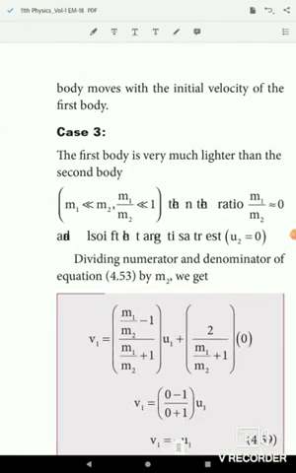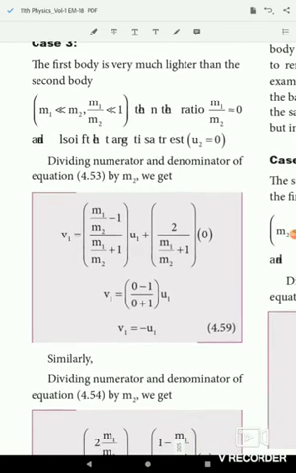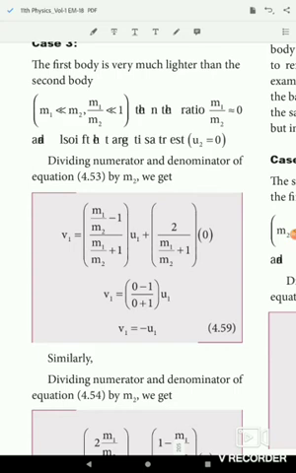The next one is case 3. The first body is very much lighter than the second body. That means m1 is very much less than m2, and m1/m2 is very much less than 1, so the ratio m1/m2 is nearly equal to 0. The second body is at rest, u2 equal to 0.